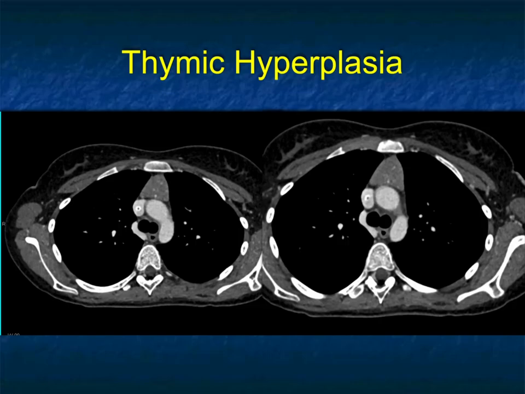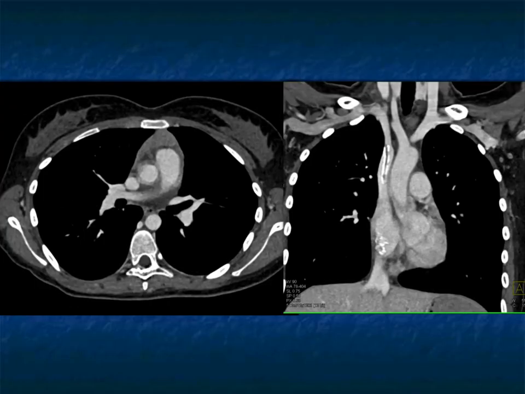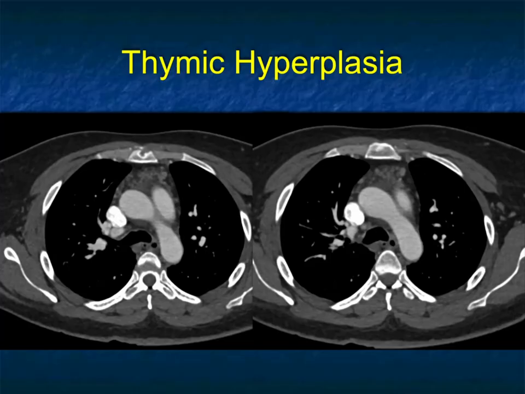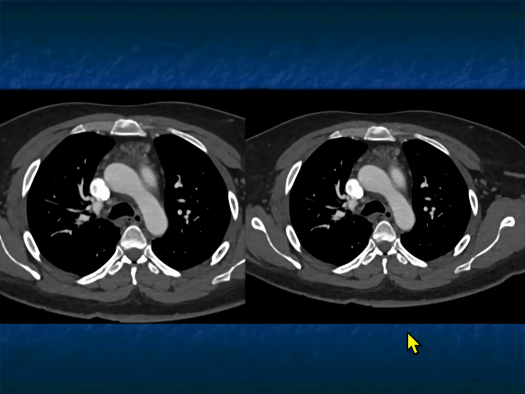Another example, here's the thymus. It's a bit older of a patient, but it's an arrowhead configuration. There's low density, a little bit of vascularity. That's thymic hyperplasia. Very nicely shown on these images. And here it is in the sagittal view. Another patient, thymic hyperplasia, not quite that perfect arrowhead, but you can see from here, it's like fat attenuation.